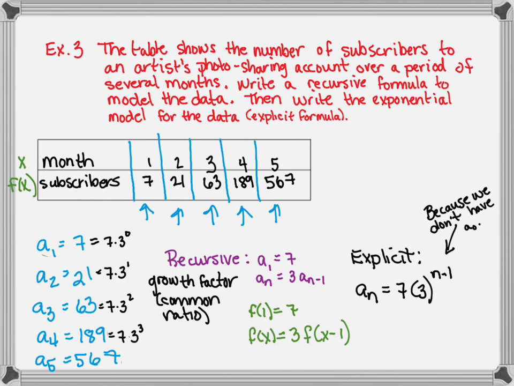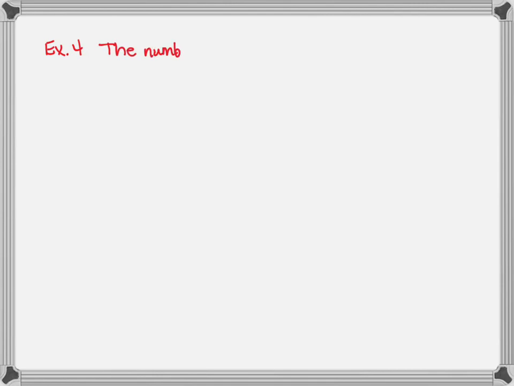Or 7 times 3 to the third power for A sub 4. And A sub 5 is 7 times 3 to the fourth. So 0 was 1 less than our n term. 2 minus 1 gave us the 1. The 2 came from 3 minus 1. The 3 came from 4 minus 1, and so on.